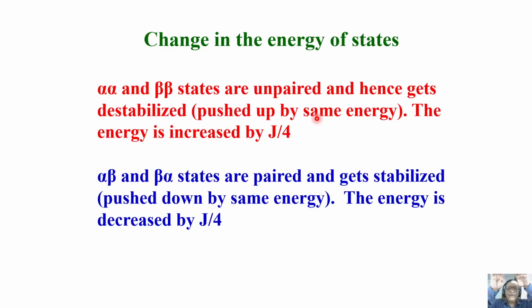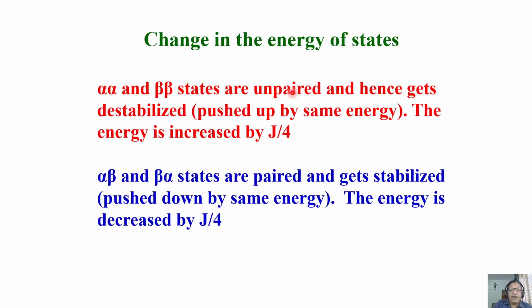Alpha alpha will go up, beta beta also will go up. That is a destabilized state. What about alpha beta and beta alpha? They are paired. When they get stabilized, they don't push up, they push down by the same energy. Understand the point now? Instead of going up, these two states come down by the same amount of energy.